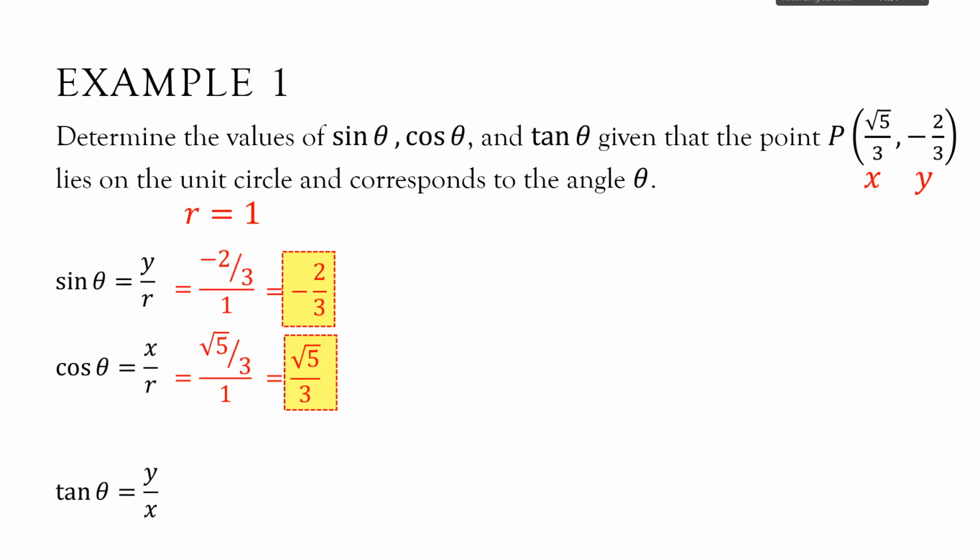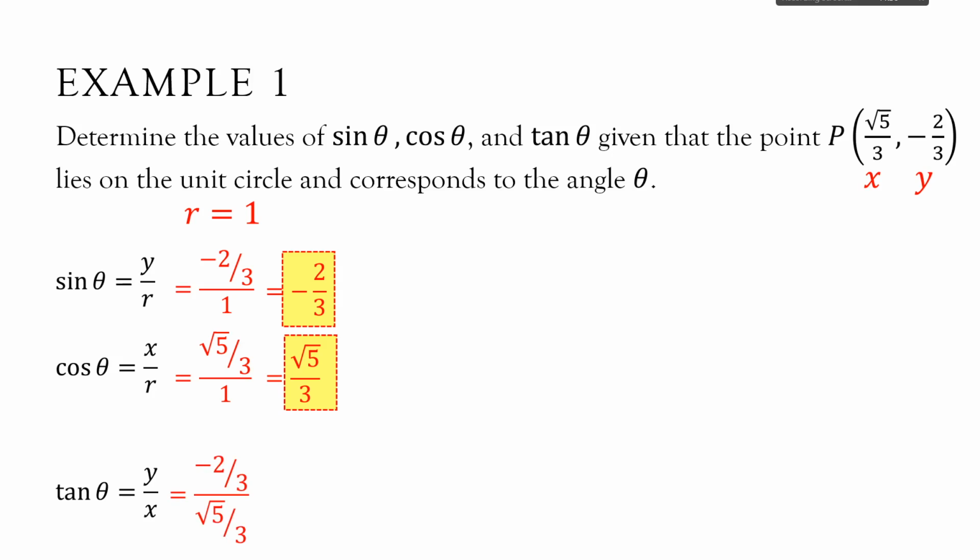And then the last trig function, we have tangent of theta, which should be the y value divided by the x value. Fortunately, we know what y and x are. Y is negative 2/3. X is the square root of 5 over 3. So I'm going to go ahead and plug in as needed. My y divided by x. Again, we have a fraction within a fraction, so we're going to do our keep flip change rule.